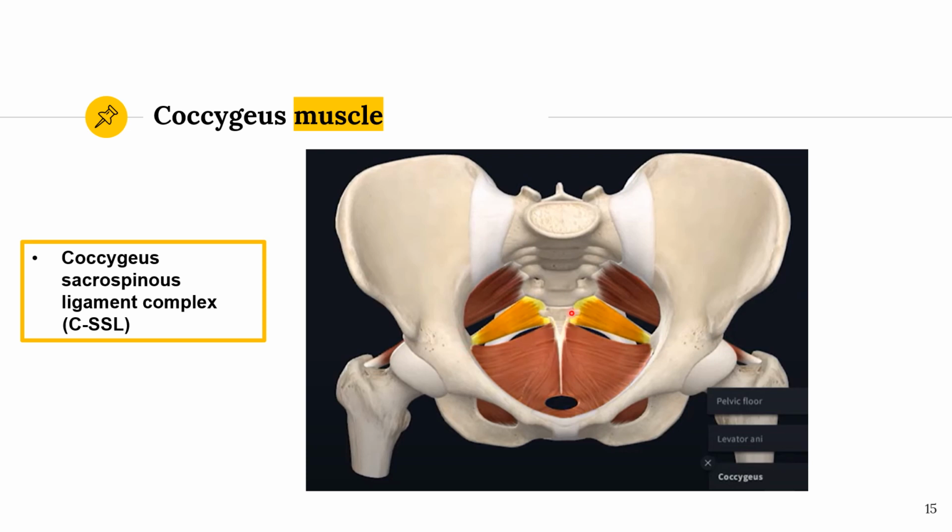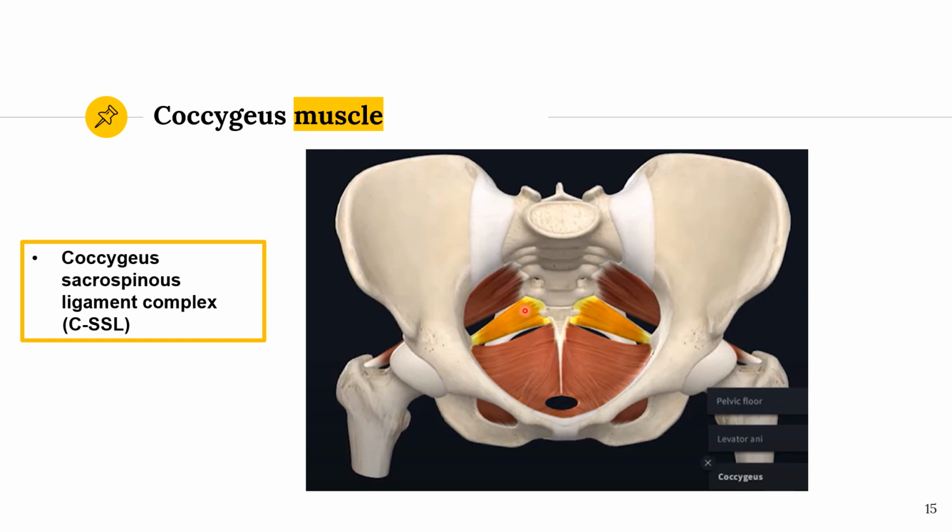Now the coccygeus muscle. Coccygeus makes up the posterior part of the pelvic floor, the pelvic diaphragm. It originates from the ischial spine, overlies the sacrospinous ligament, and inserts on the lateral lower sacrum and coccyx. As one ages, the coccygeus becomes thinner and more fibrous, often blending with the sacrospinous ligament.